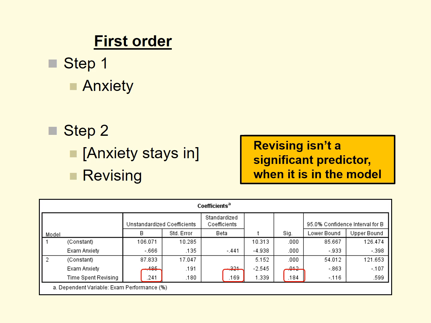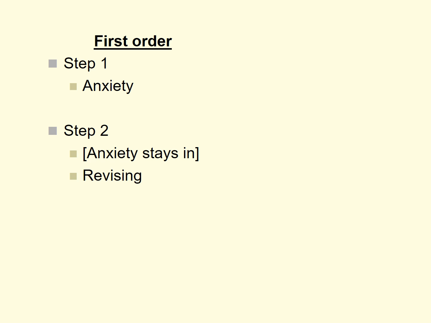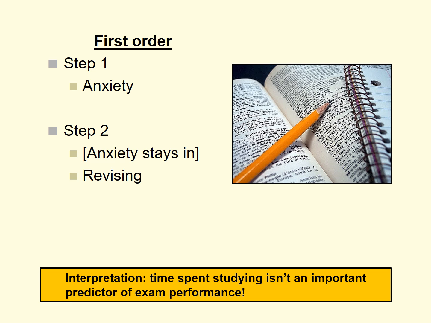The standardized regression coefficient is a fair bit smaller for time spent studying than the standardized regression coefficient for exam anxiety, and the regression coefficient for time spent studying is not large enough to be significantly different from 0. The significance level is not below 0.05, so we might conclude time spent studying just isn't a very strong predictor in this model.